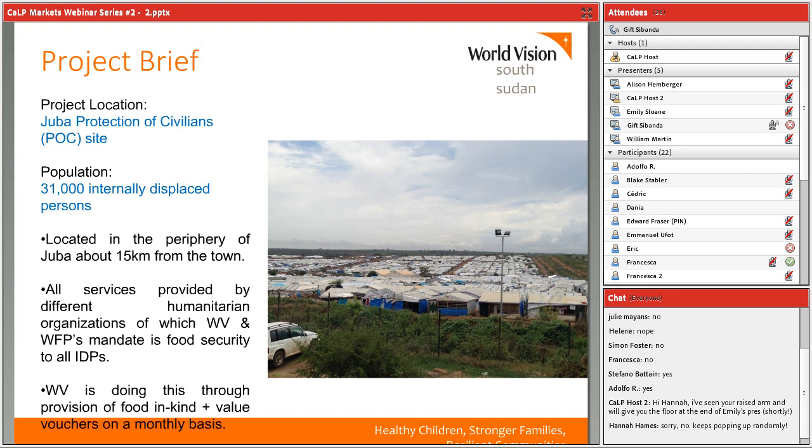All the services are provided by different humanitarian organizations, of which World Vision, with support from WFP, has the mandate to provide food security to all the IDPs that are resident there. World Vision does this through provision of food in kind and value vouchers on a monthly basis.